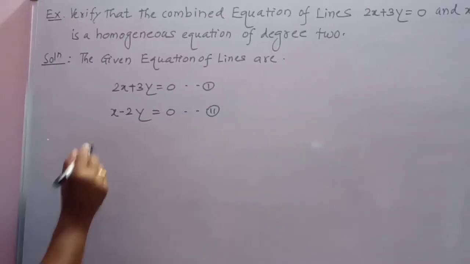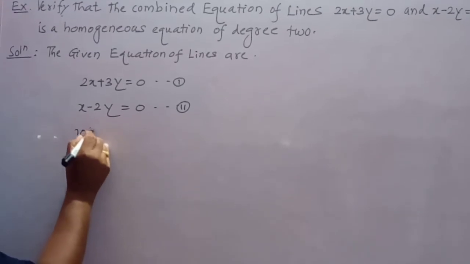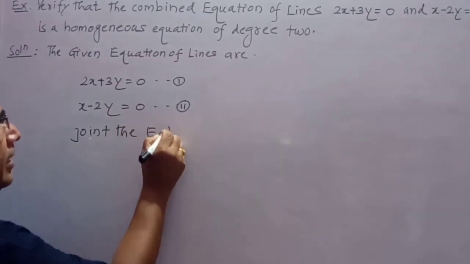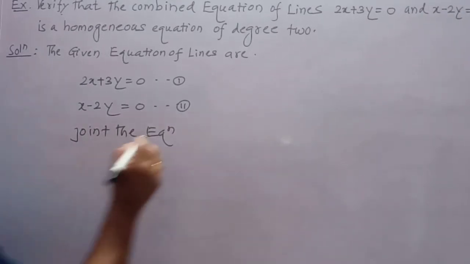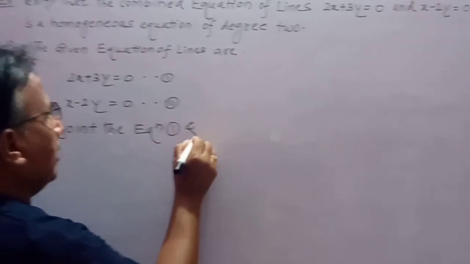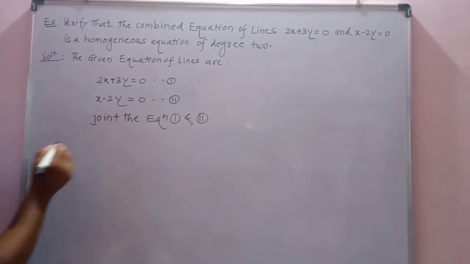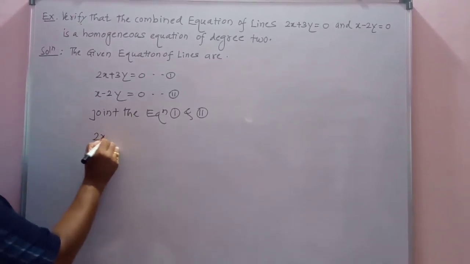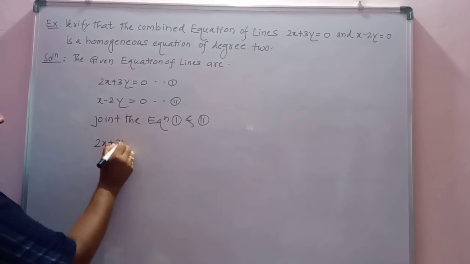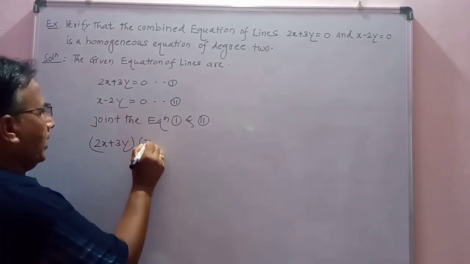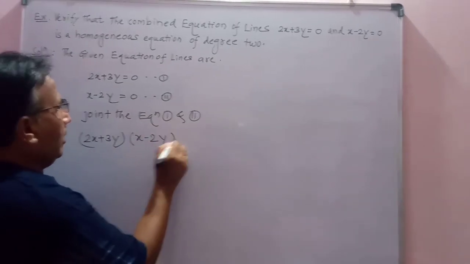Join the equation first and second. Therefore, 2x plus 3y into x minus 2y equal to 0.